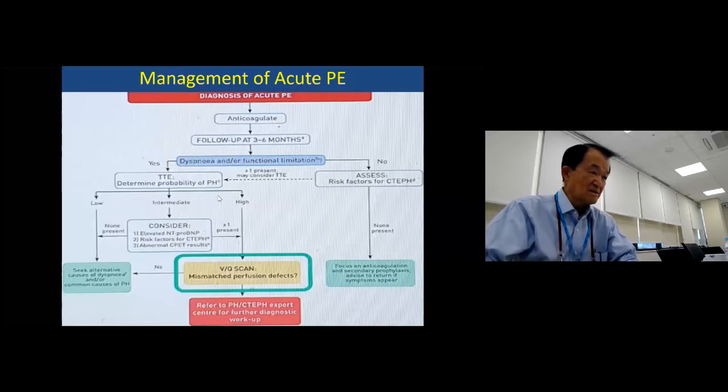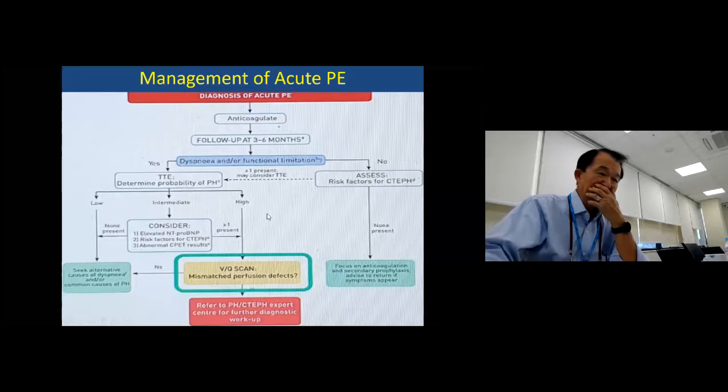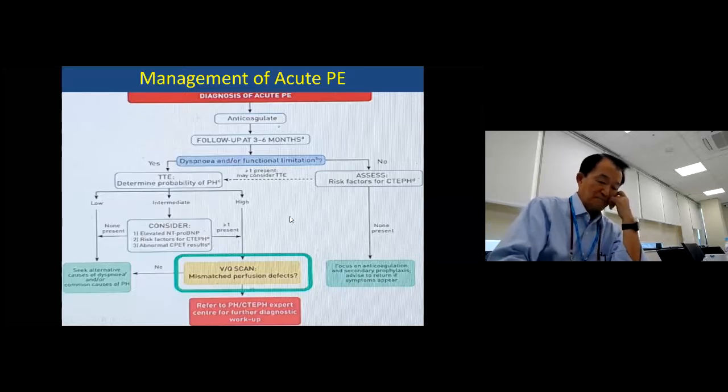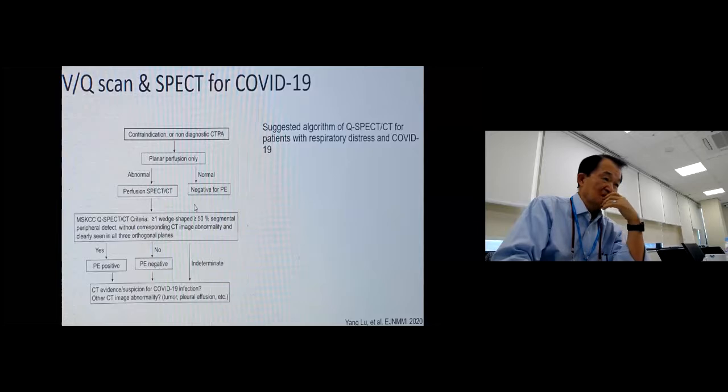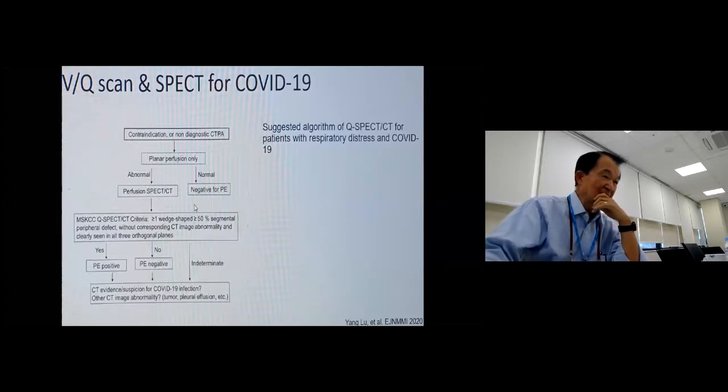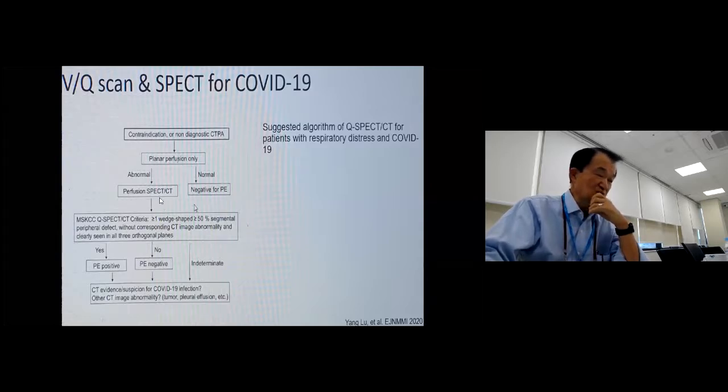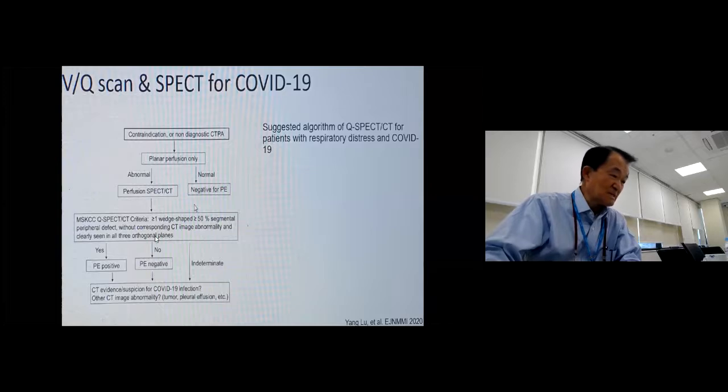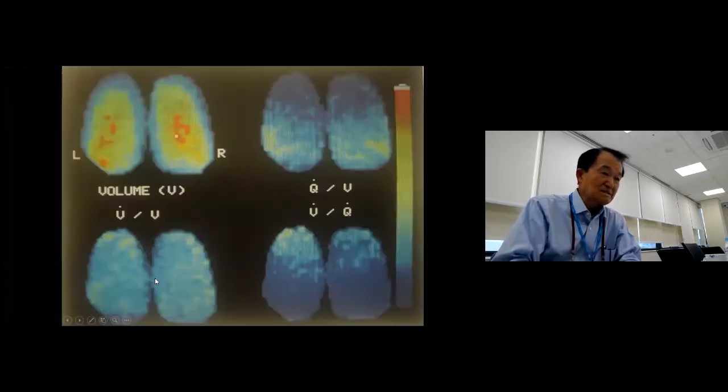If you want to treat, divide into high risk and low risk, with pulmonary scan and certain D-dimer, that kind of thing. These days with COVID-19, do the CTA first. If it's normal, that's it. But if abnormal, then do the lung scan to make a high-low probability, and then manage the patient.